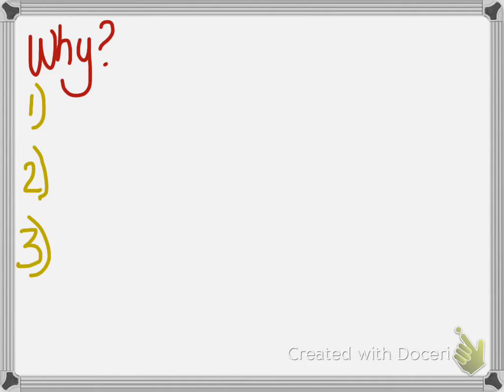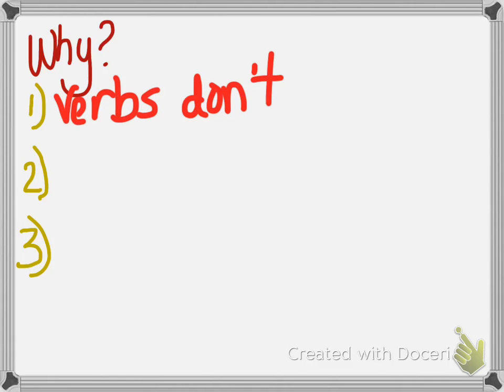Okay, so why do verbs need the infinitive? Because these structures don't need subjunctive. Subjunctive is very limited in English. It tends to be for very, very formal language and very formal situations.